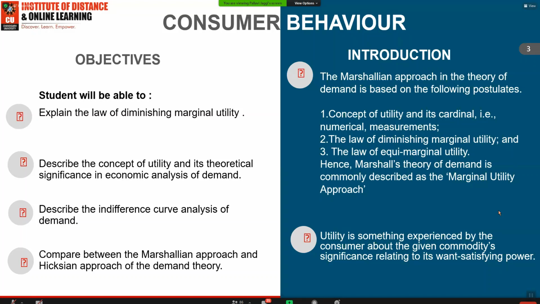So first of all, we will discuss the Marshallian approach. The Marshallian approach in the theory of demand is based on the following postulates: the concept of utility, the law of diminishing marginal utility, the law of equal marginal utility. We will discuss all these postulates one by one.